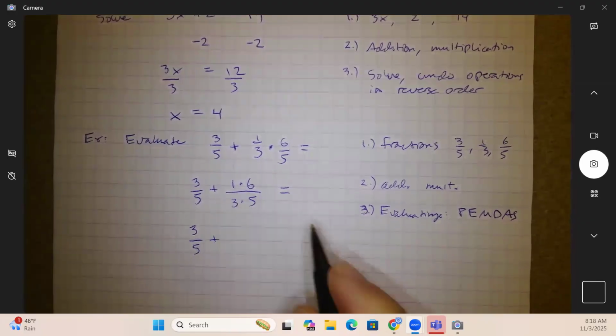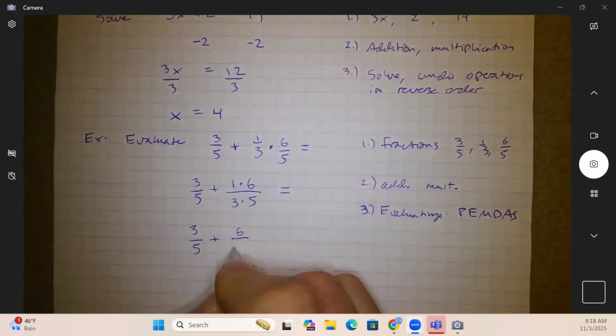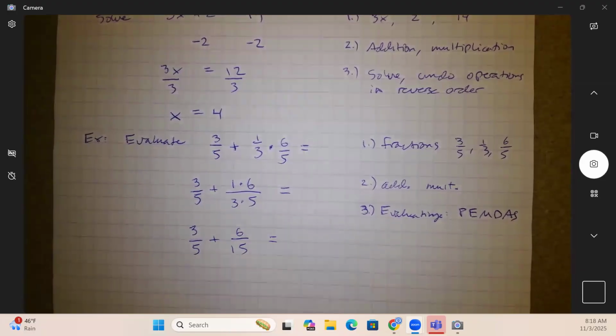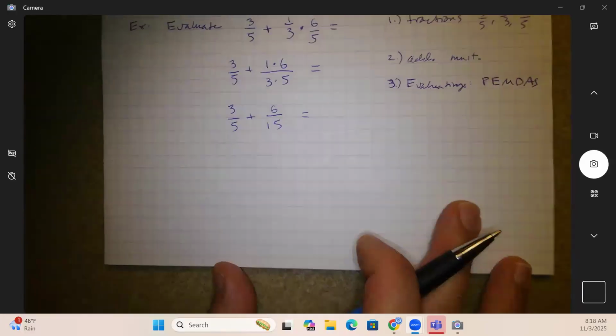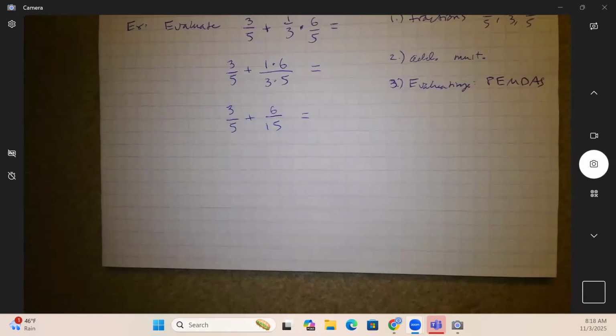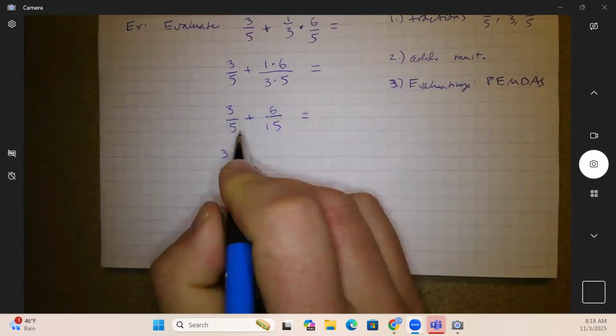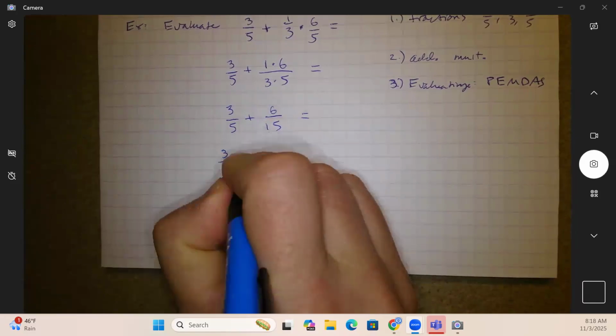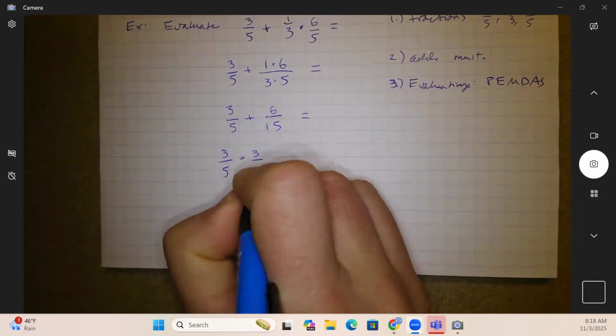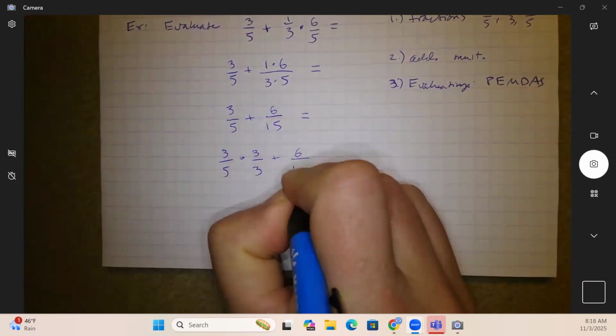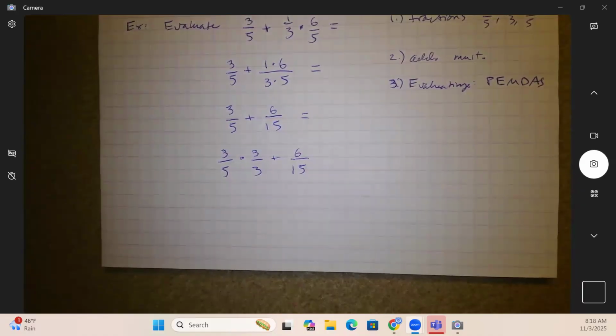And I know when I multiply fractions, I multiply the top and I multiply the bottom. And now that I've done the multiplication, I'm back to adding fractions. And since 5 multiplies to be 15, I just need to multiply the 3/5 by the missing piece, which is 3.